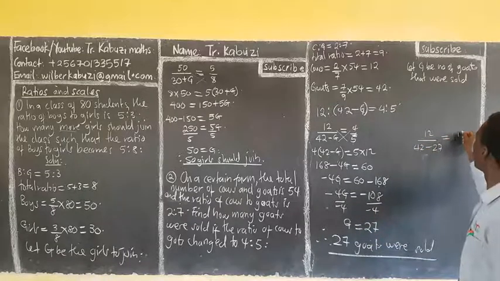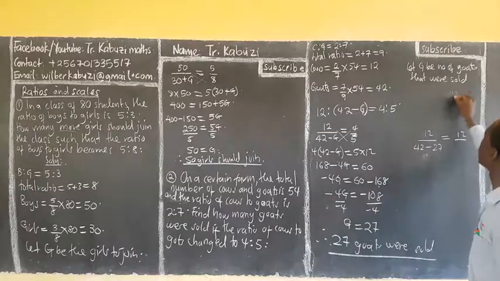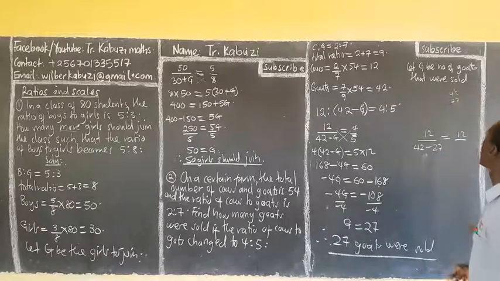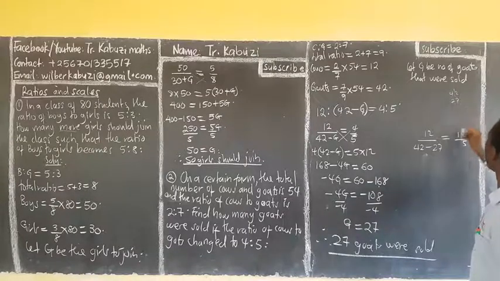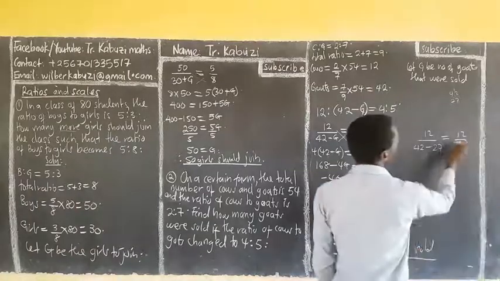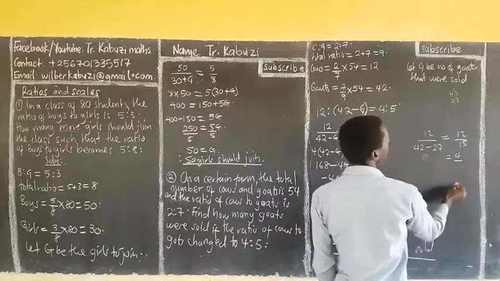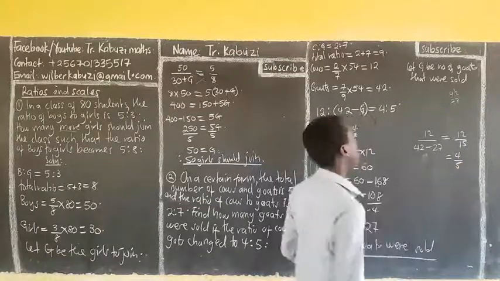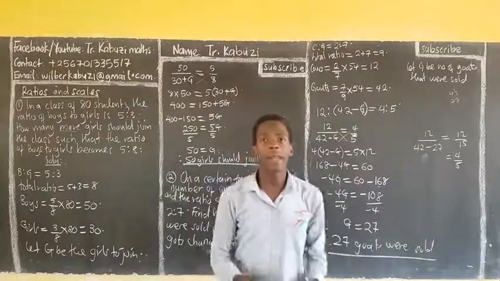So this will give you 12 over, when you subtract, 42 minus 27, you get 15. Now, you see that you can reduce 12 by 3, you get 4, and 15 by 3, you get 5, and you see that now, members, this is the new ratio you get. That's how you check if you're right or wrong.